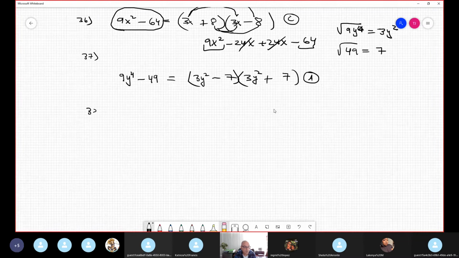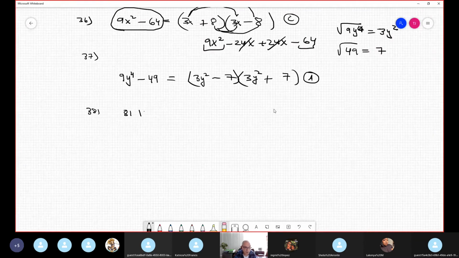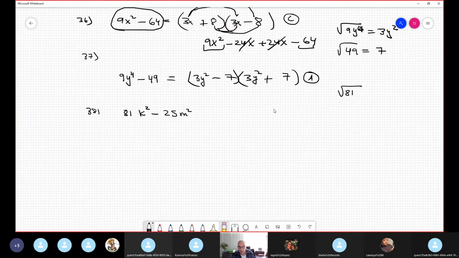Right, Professor. Yes. 38 is 81k squared minus 25m squared. Again, it's a difference of squares. So you find the square root: the square root of 81k squared is 9k, and the square root of 25m squared is 5m.